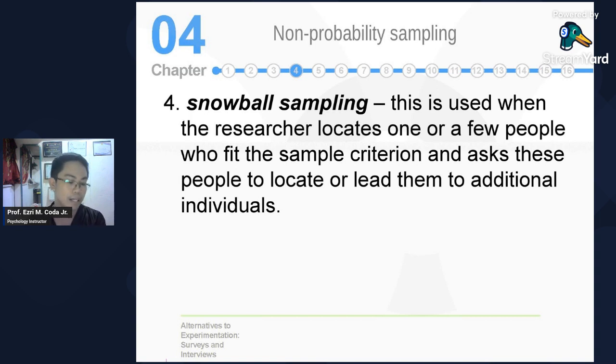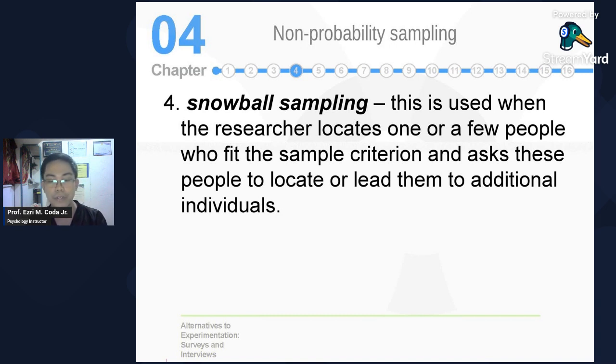It's like a running ball, and whoever gets the ball when it's stopped, yan yung parang idea ng snowball sampling. Whoever are convenient to those sample criterion you have selected, those individuals will be enough.